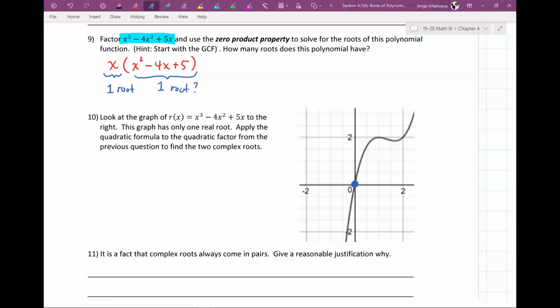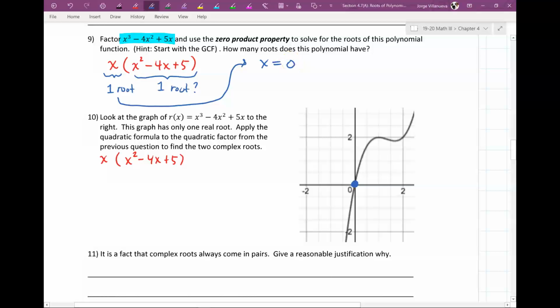But they want me to solve for that in part 10. So how do we solve for it? Well, we already have it factored, so let me write it down like this. Now up here, I'll solve for the easy one, the x. X equals 0, so that's one of the answers.